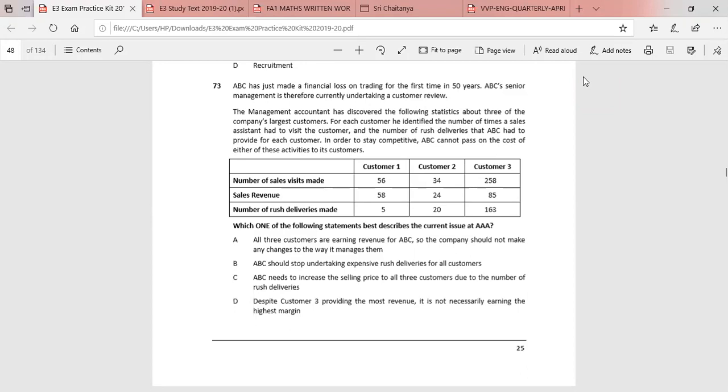Okay. Despite customer 3 providing the most revenue, 85. It is not necessarily earning the highest margin. How do you understand whether it is not making necessarily the highest margin? How do you come to that conclusion?